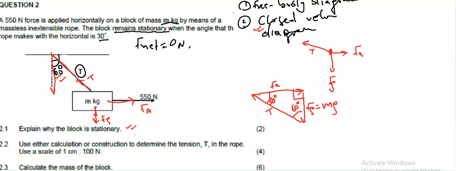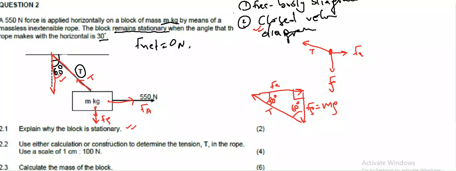Or we can say the forces acting on the block are in equilibrium, or the forces acting on the block are balanced. So net force is equal to 0, that is the simplest one, or the forces acting on the block are at equilibrium. That is the answer for the first question.